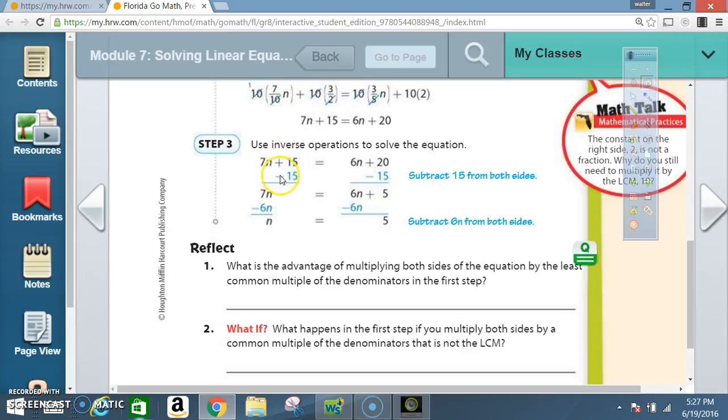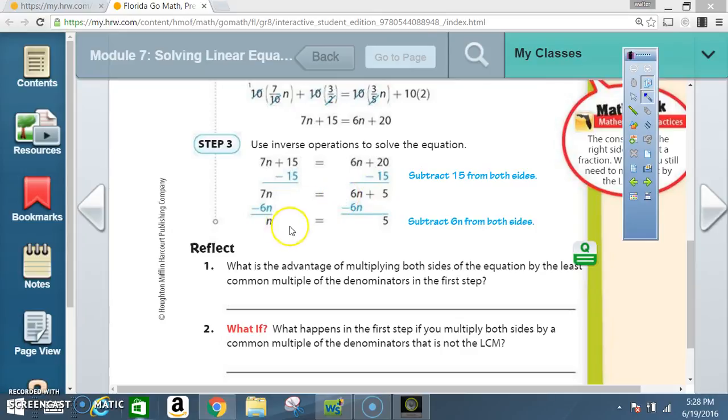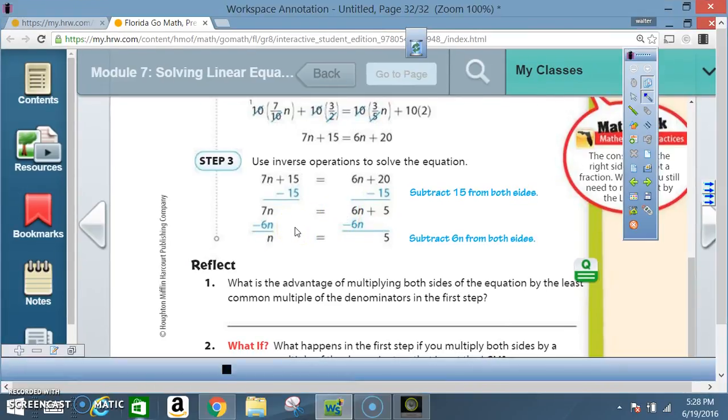Remembering when I do it to one side, I must do it to the other side. Now a positive 15 combined with a negative 15 goes to 0, and cancels out.